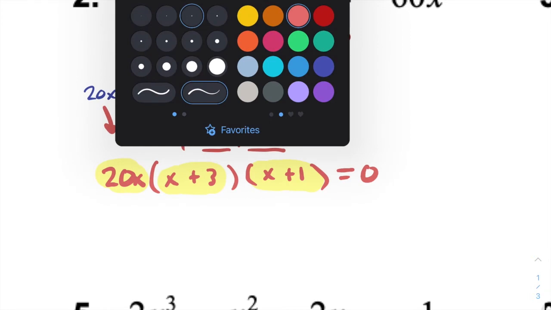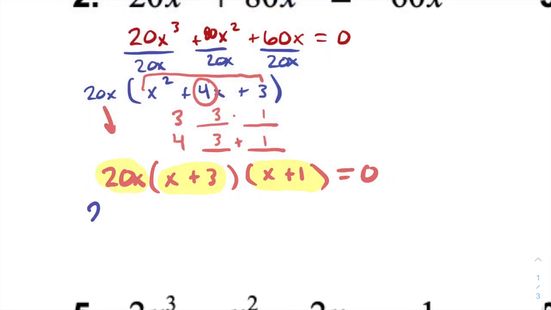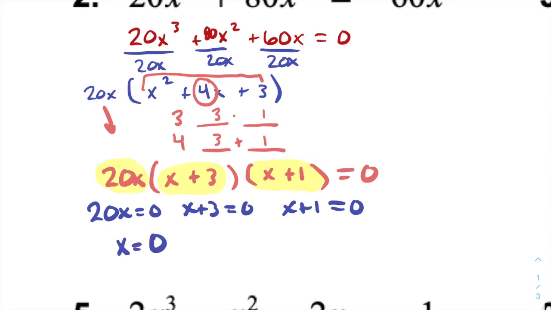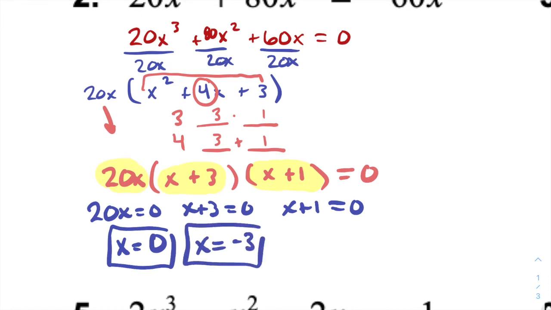So I'm going to set these equal to 0 here: 20x equaling 0, x plus 3 equaling 0, and x plus 1 equaling 0. And then when you solve for x in each one of those, you end up with x equaling 0, x equaling negative 3, and x equaling negative 1. And that should be your 3 solutions there.